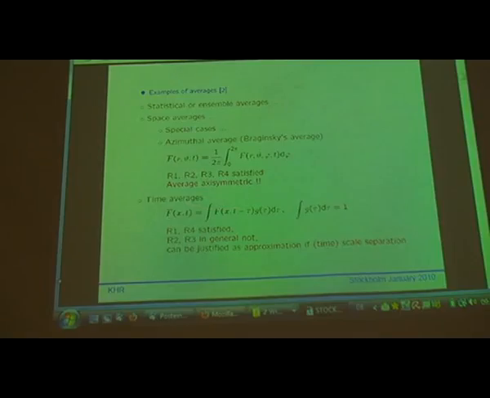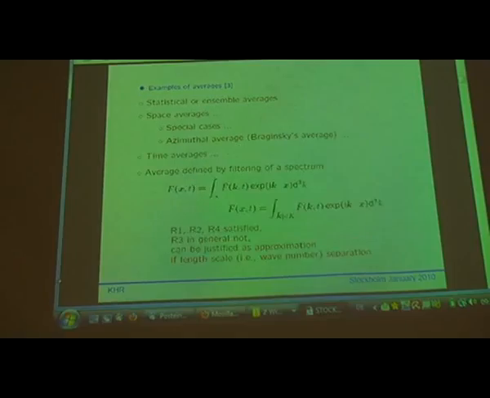But suppose that they don't apply. Then you cannot apply this average, or at least what I will tell you later doesn't work. We assume the exact or approximate validity of these rules.